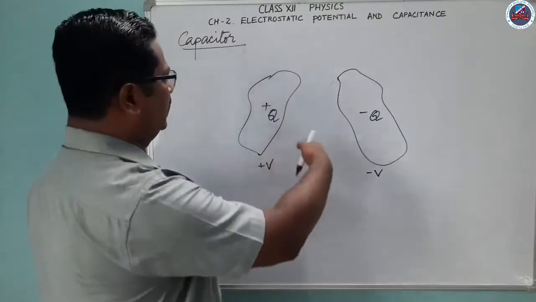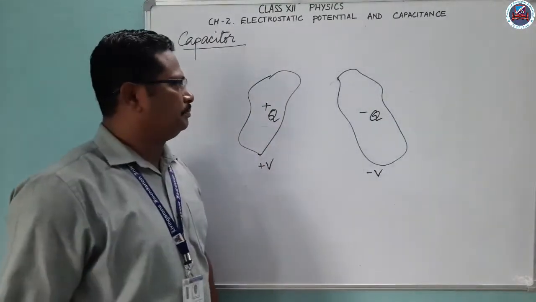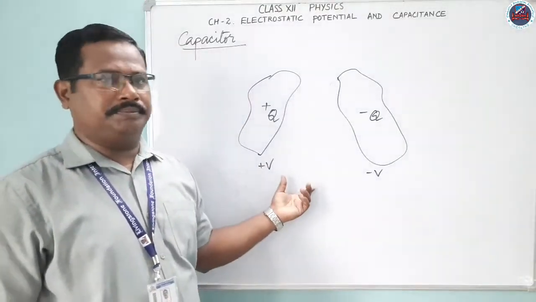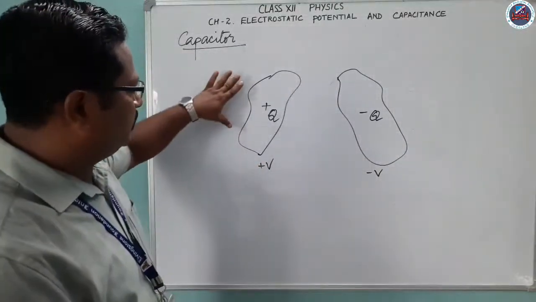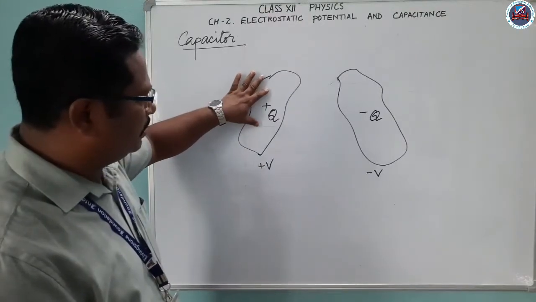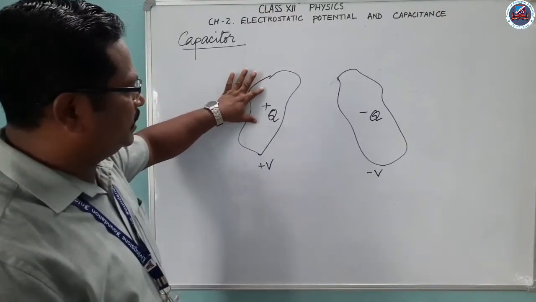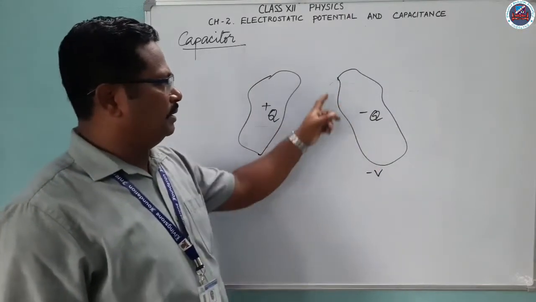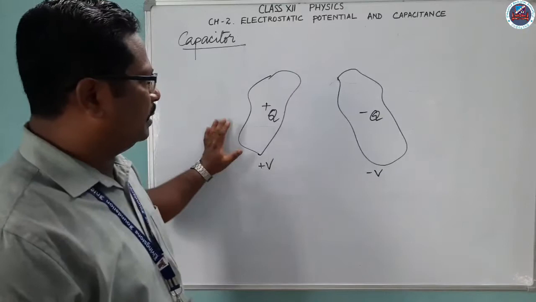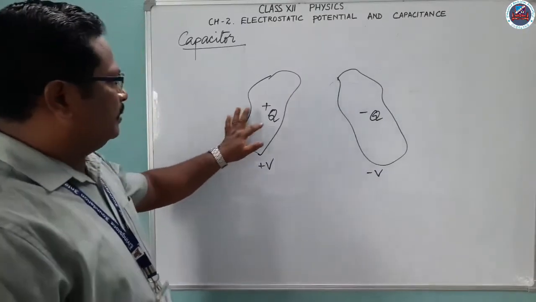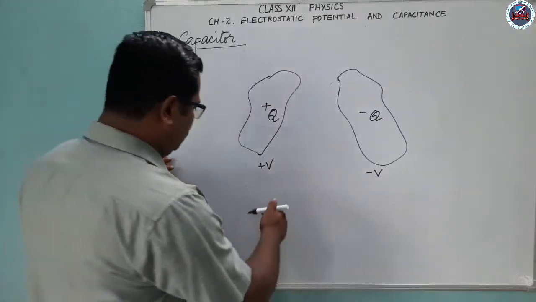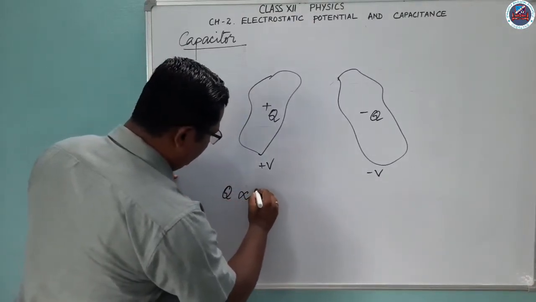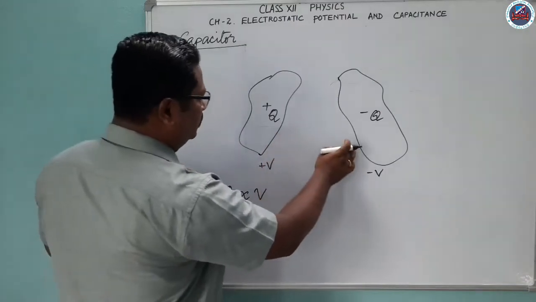This arrangement of two conductors near each other, we call a capacitor. The plate with positive charge we call the positive plate, and the plate with negative charge we call the negative plate of the capacitor. For every capacitor, it is found that Q is directly proportional to the potential difference between the two plates.